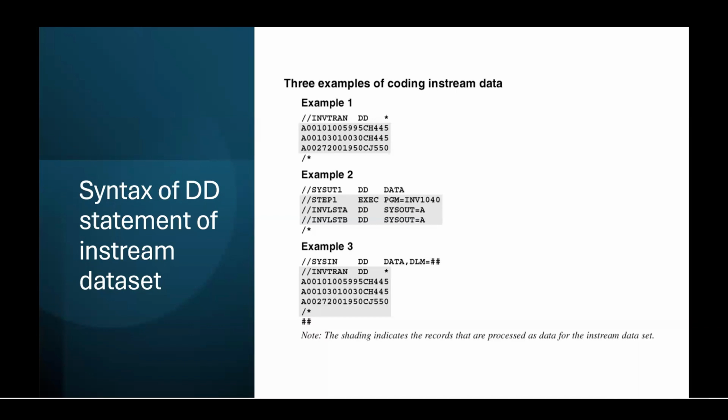So in this example, we have an asterisk and we are passing three values. Those three values will go into your program, whatever program you are running in the EXEC statement before this DD statement.